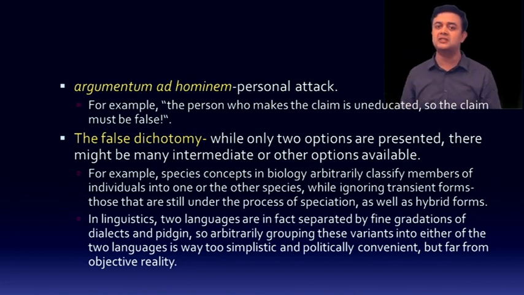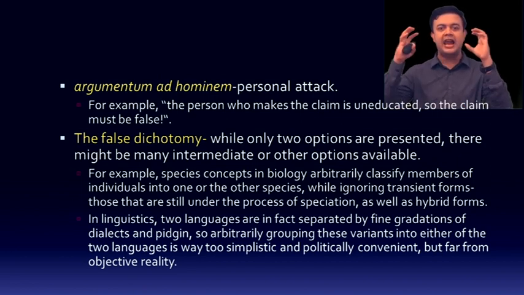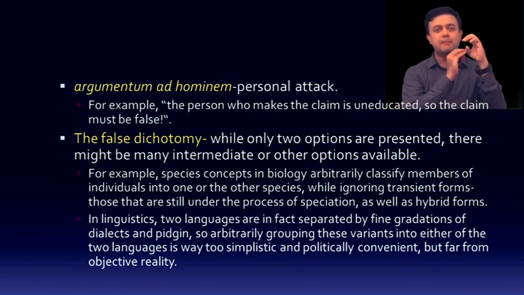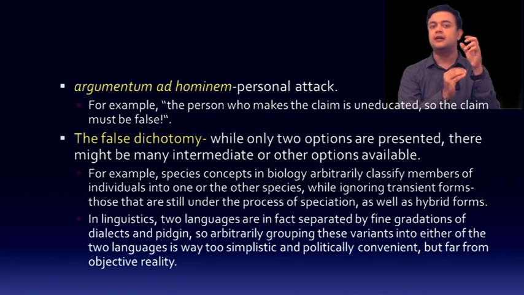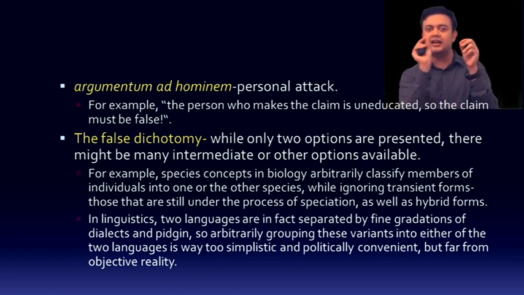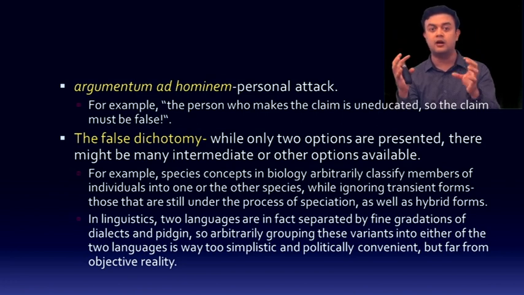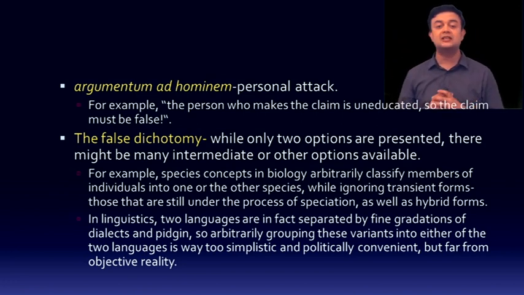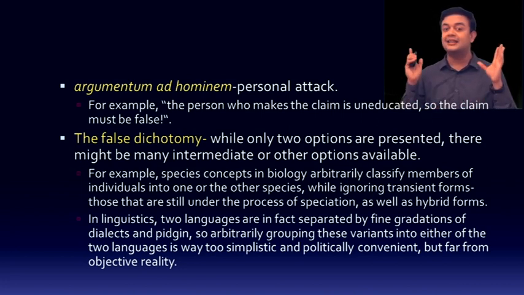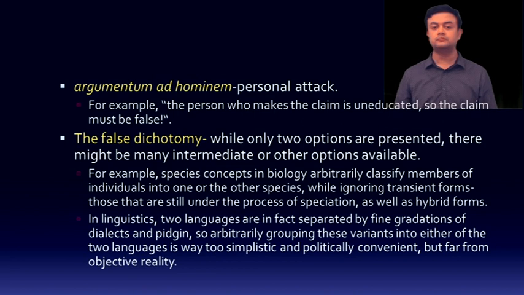Or the same problem is with language 1 and language 2. Each language will have sub-languages, also called dialects, right? So there is a fine gradation from one language to another language, especially the geographical neighbor. That is why it's a false dichotomy. If you think in philosophical terms, the dichotomy is false.